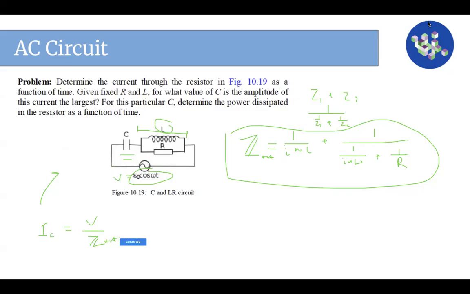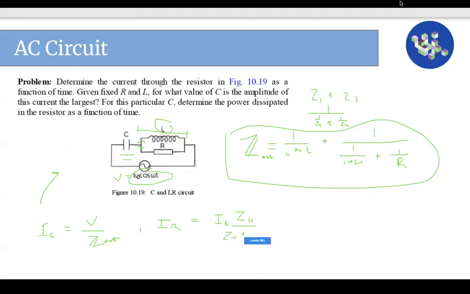And then to find IR, the current through the resistor, remember, it's just like resistors: IR equals IC, and then remember, the current splits at that junction. And remember, it's inversely proportional. For each branch, the current through it is inversely proportional to its complex impedance, right? So it will be equal to IC times the complex impedance of the inductor divided by the complex impedance of the inductor plus the complex impedance of the resistor, right?